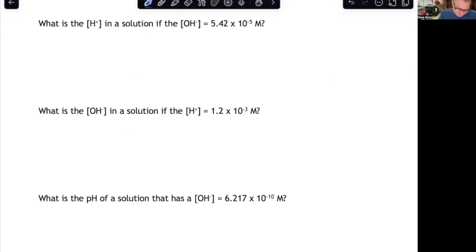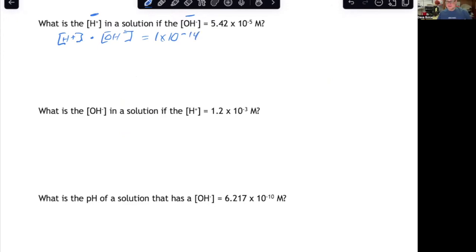Okay, so here I'm going from concentration to concentration. And so what I want to do is keep in mind that the concentration of H+ times the concentration of OH- is equal to 1 times 10 to the -14.